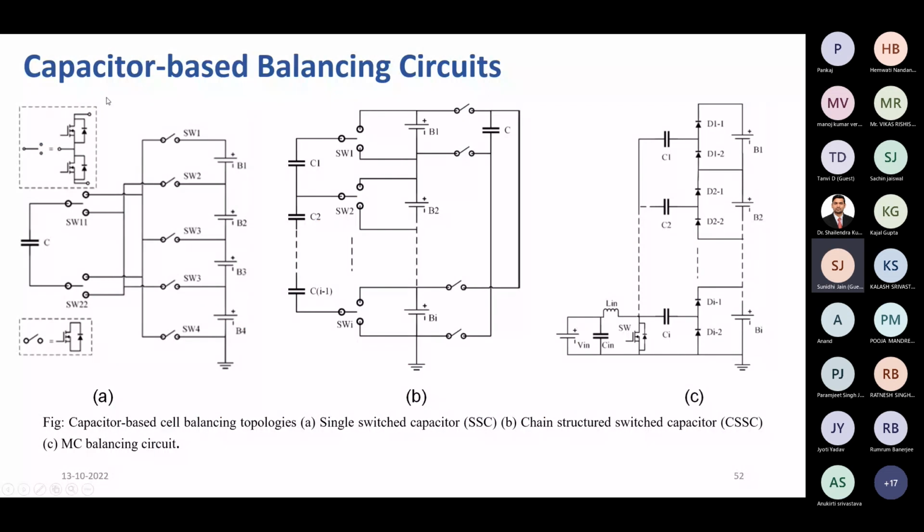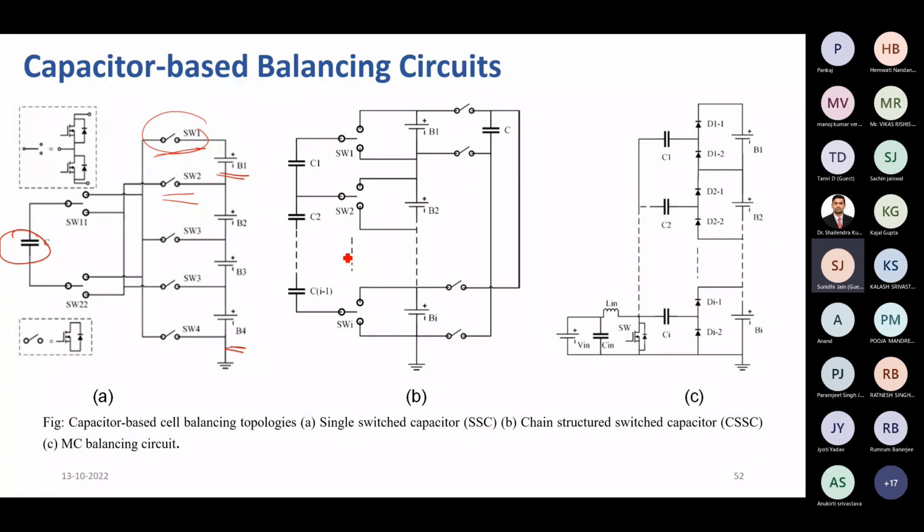Coming to the capacitor-based balancing circuits, mainly the single switched capacitor. You can have one single switched capacitor, and you can see these are the batteries B1, B2, B3, and B4. With one capacitor charged, by operating these switches with a proper controller, we can balance the battery voltage among B1, B2, and B3.